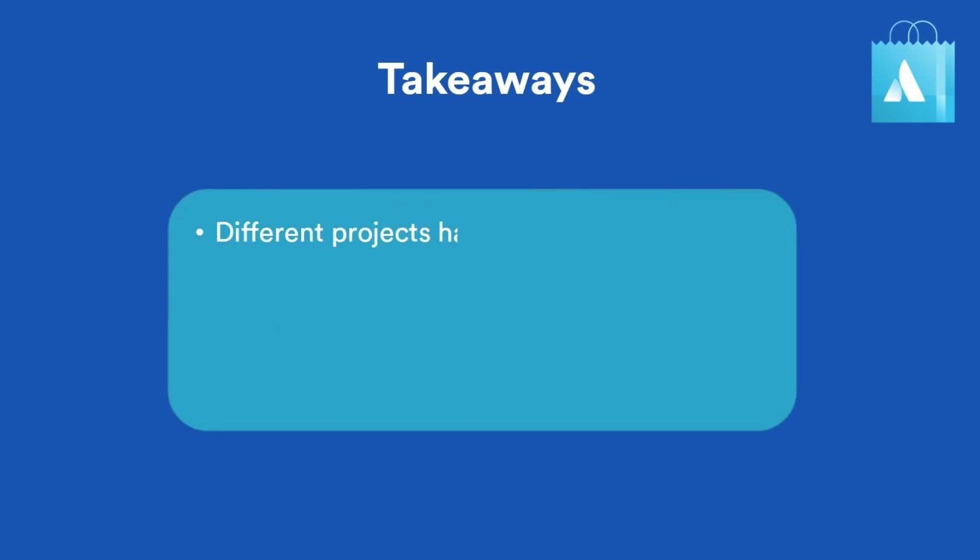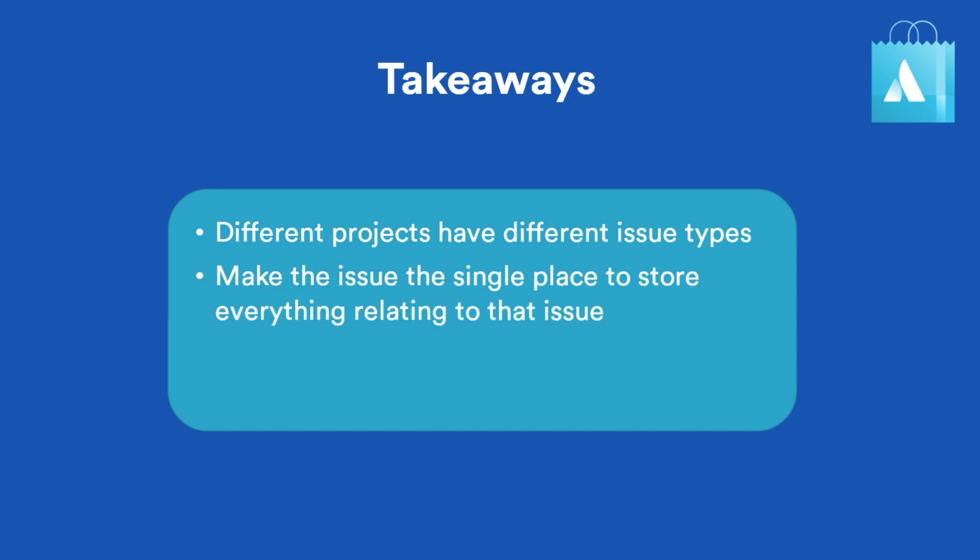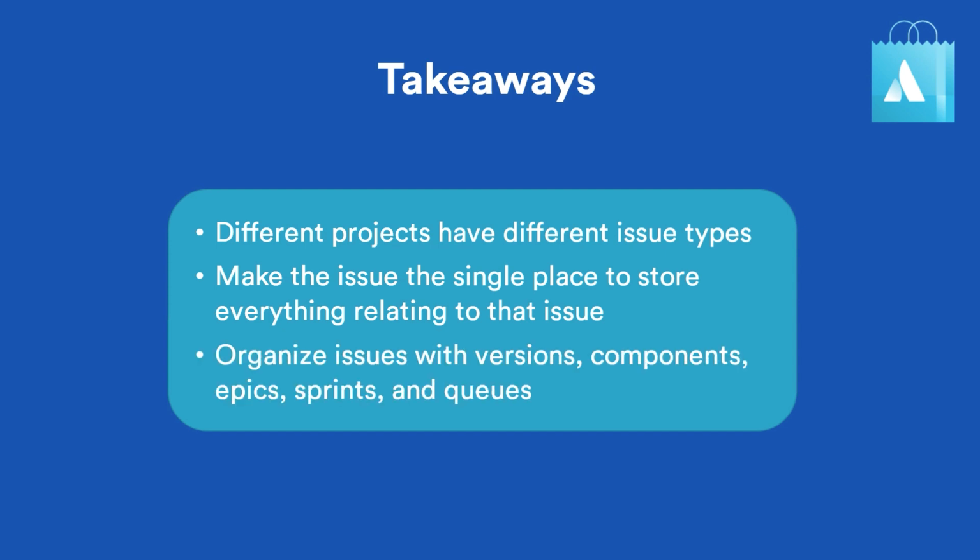There are many different types of issues depending on the type of project you're working on. Make the issue the single place to store all the data about the issue, including attachments, time logs, and links to other issues. You can organize issues with versions and components, and further organize software projects with epics and sprints, and service desks with queues.